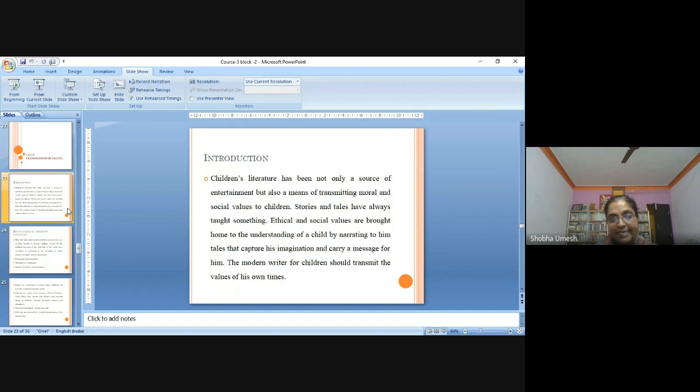If you have seen some of the cartoon networks, there they try to impart certain values through imaginary characters, though they are fantasy, but still they impart certain values and ethics. In that way, the modern writer always tries to transmit the values of his own times.